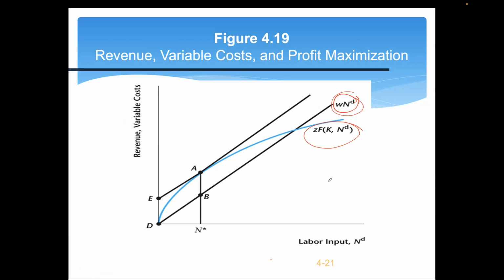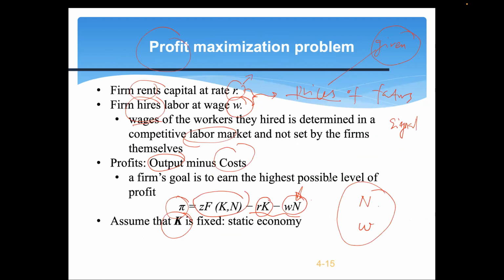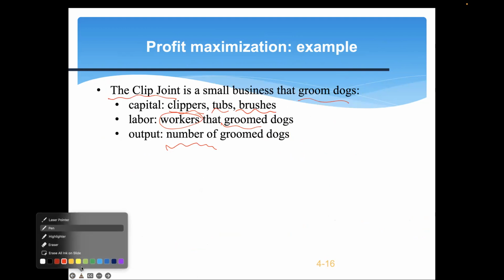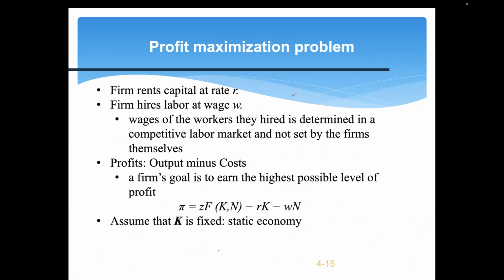But let me just go back to the previous one. So look here, profit equal to revenue minus wage cost. Here, this is fixed, which we ignore.